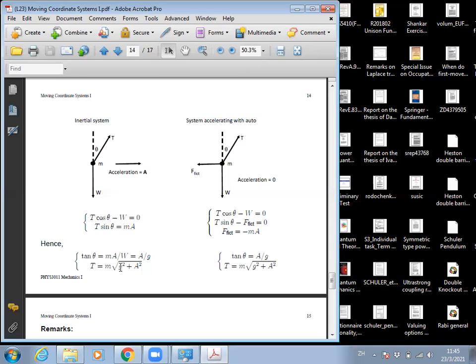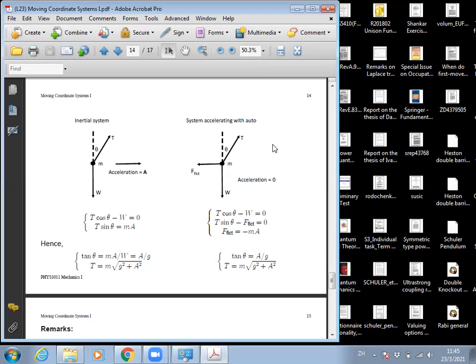Then T is equal to m times square root of G squared plus A squared, all right? So these are the results derived from the analysis using the inertial frame.